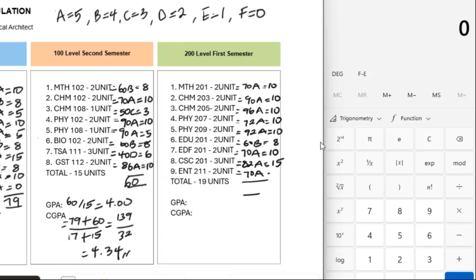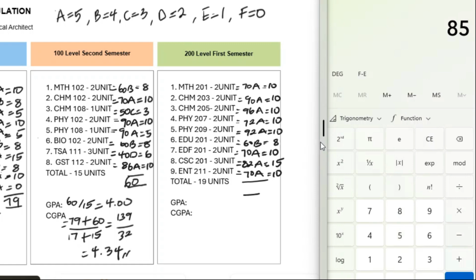Then 5 times 2, this will also give us 10. So these are 20, 30, 40, 50, 60, 70, 85, 85 plus 8. So that should give us 93.